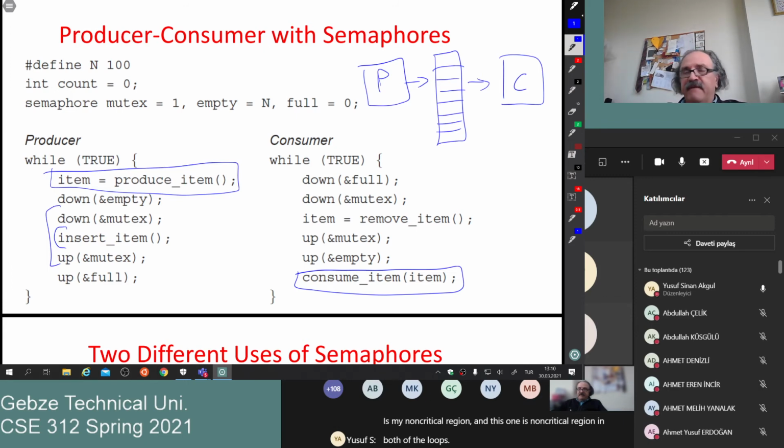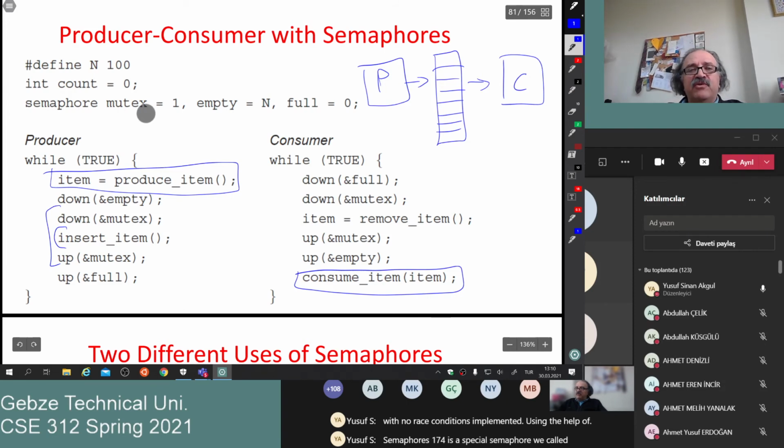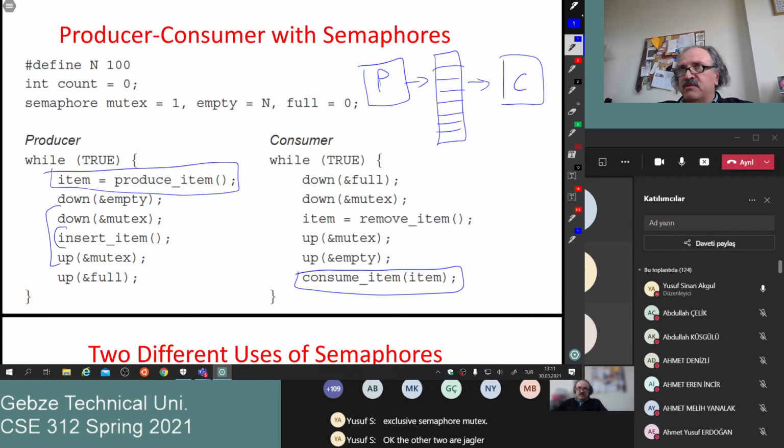Okay, good. So this is a producer-consumer example with no race conditions implemented using the help of semaphores. One semaphore is a special semaphore. We call it mutually exclusive semaphore, mutex. The other two are regular integer semaphores.